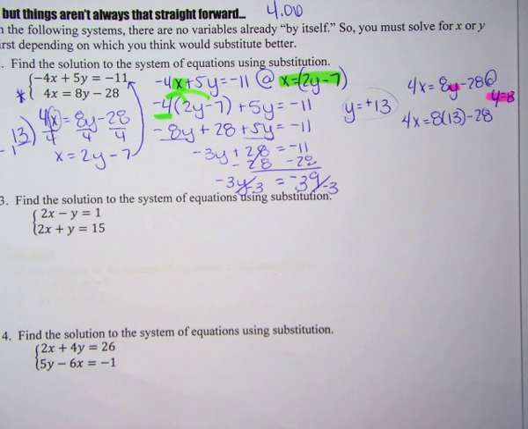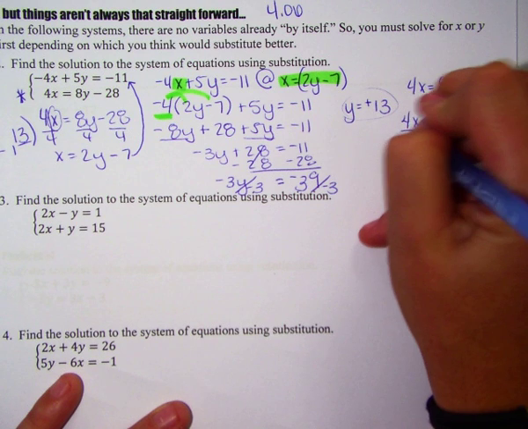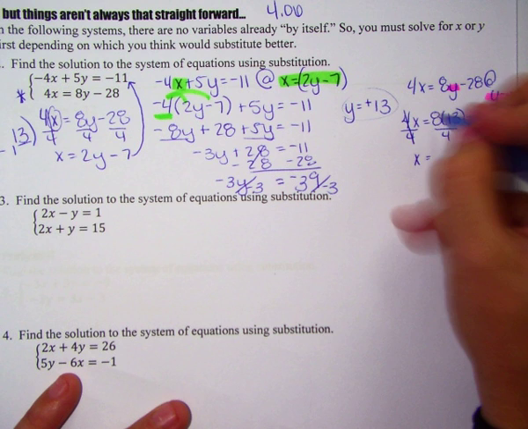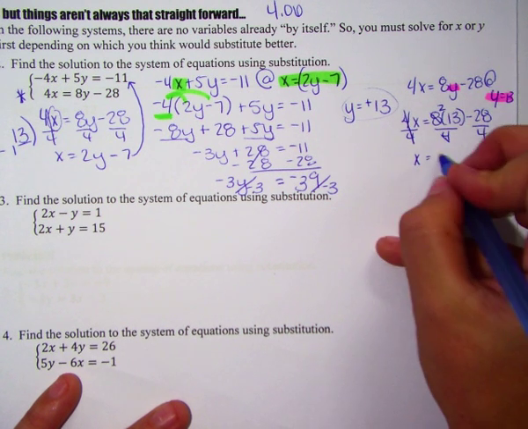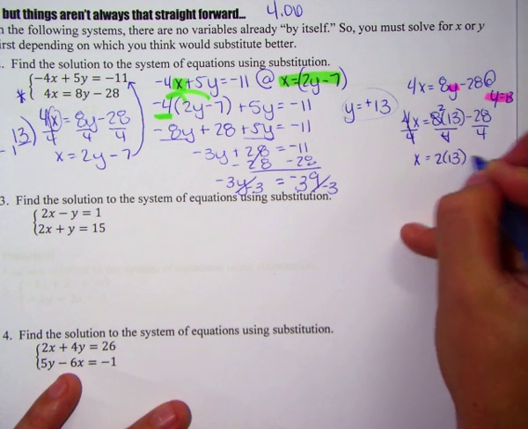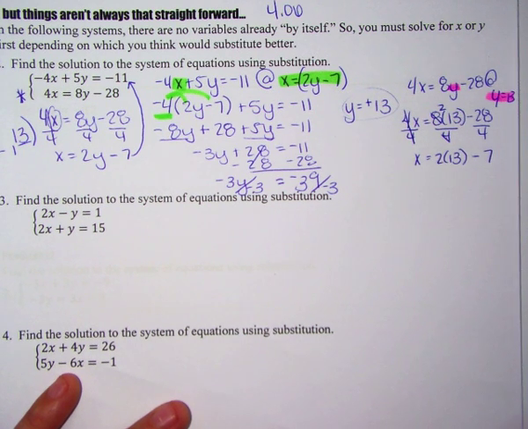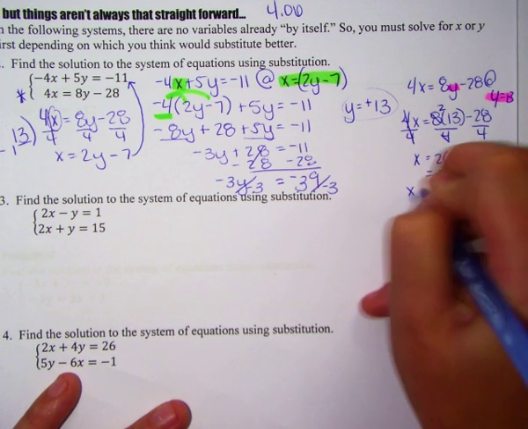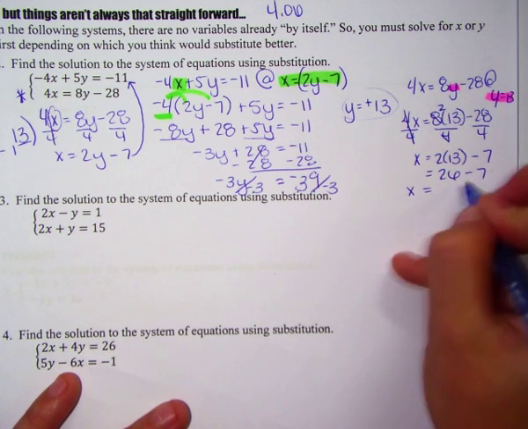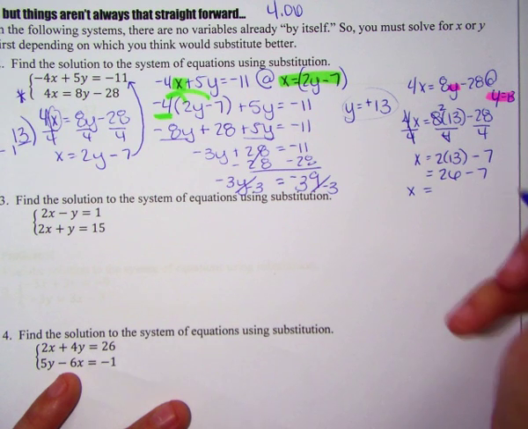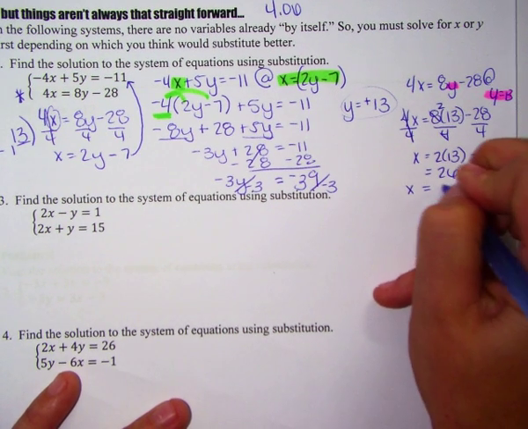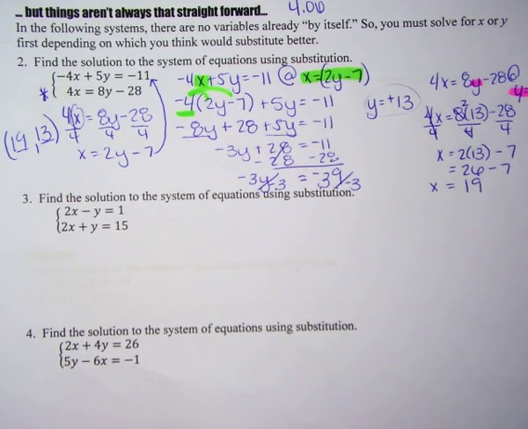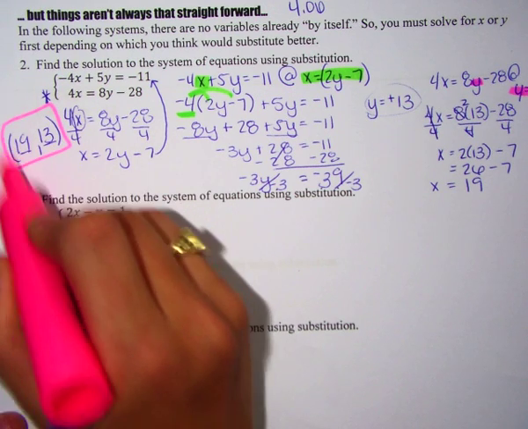Now, I don't really want to multiply 8 times 13, so I'm going to choose to divide everything by 4, because 8 divided by 4 is 2. So x equals 2y minus 7. Now, 2 times 13 is 26. And 26 minus 7 is, what is that? 15? No, 19. X equals 19. So my final answer, 19, 13.